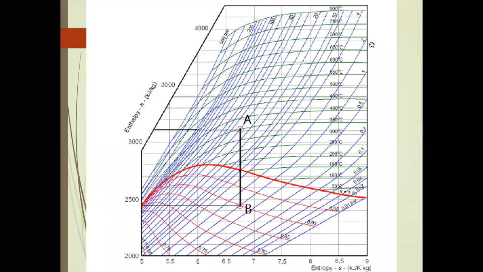Let's see, my students. First of all, the A point is 30 bar and 350 degrees Celsius. So where is 30 bar? You see that this is the 20 bar line, and next to it is the 50 bar line.